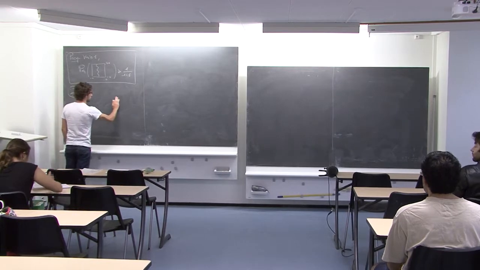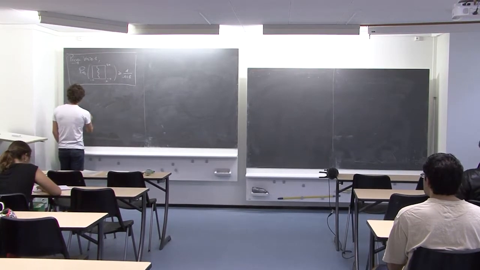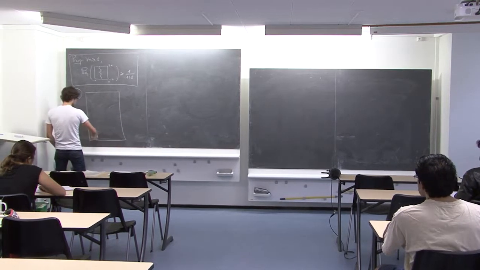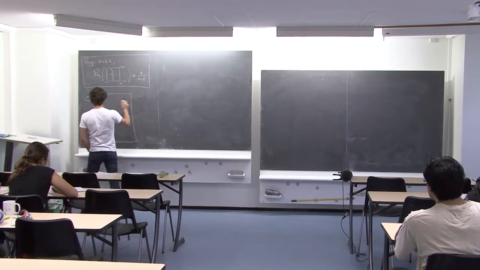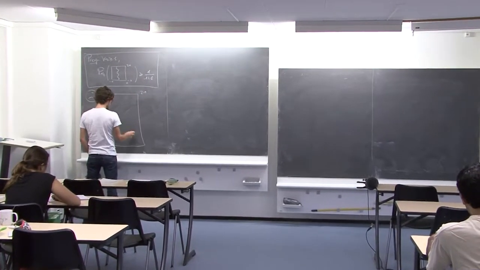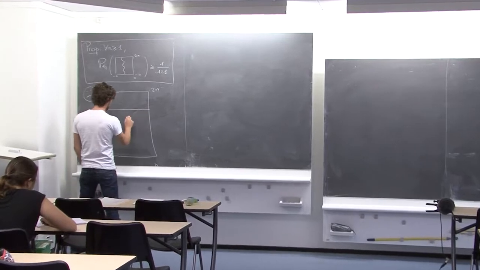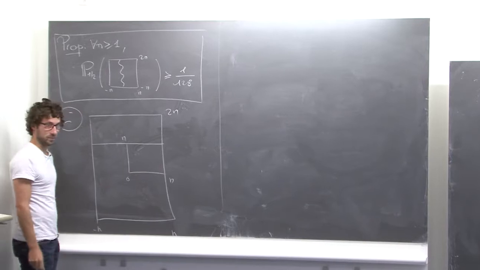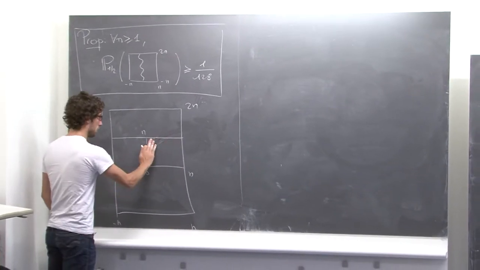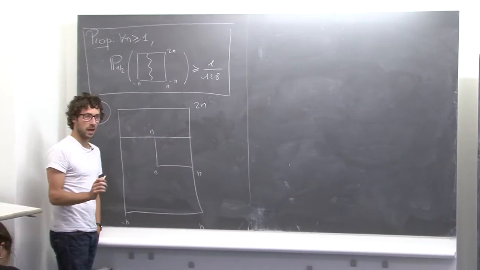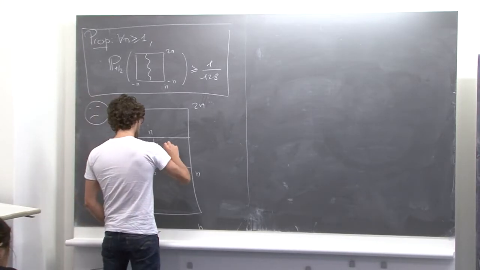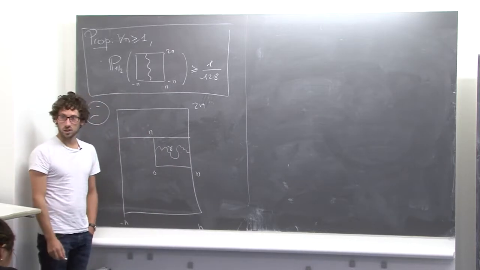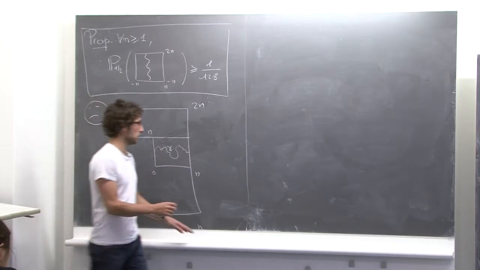So the idea is the following. Let's take our minus n, 2n box like that. And let's first start by picking the box [0,n]². Okay, let's look at this box. So in this box, let's imagine I draw a path, gamma, of open edges. Okay, let's pick any path, so fix gamma.